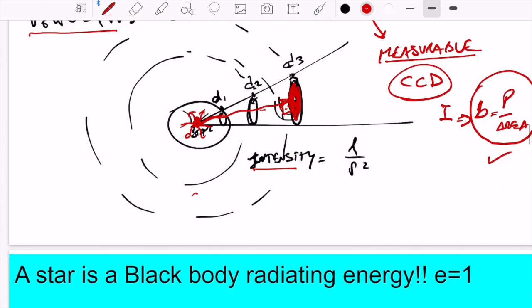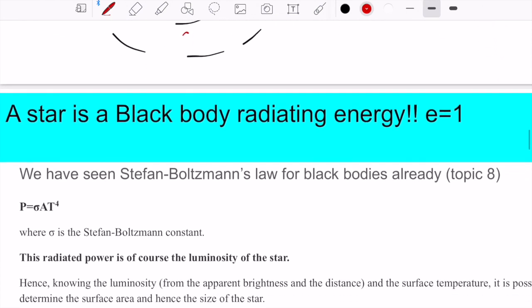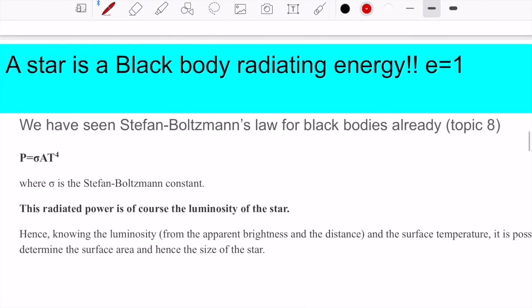And then we have seen Stefan Boltzmann's law for black body radiation in topic 8 very recently, right? It was this law, and we say that the emissivity of a star is 1. So this is Stefan Boltzmann's law for a star. If we know the temperature, we also know the power.